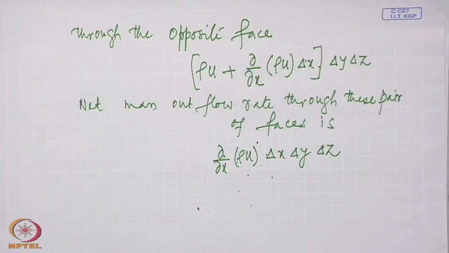Similarly, now if we consider the other pair of phases which are perpendicular to the y direction and z direction, and then sum them, that is the total mass outflow rate, because all we are considering is per unit time.